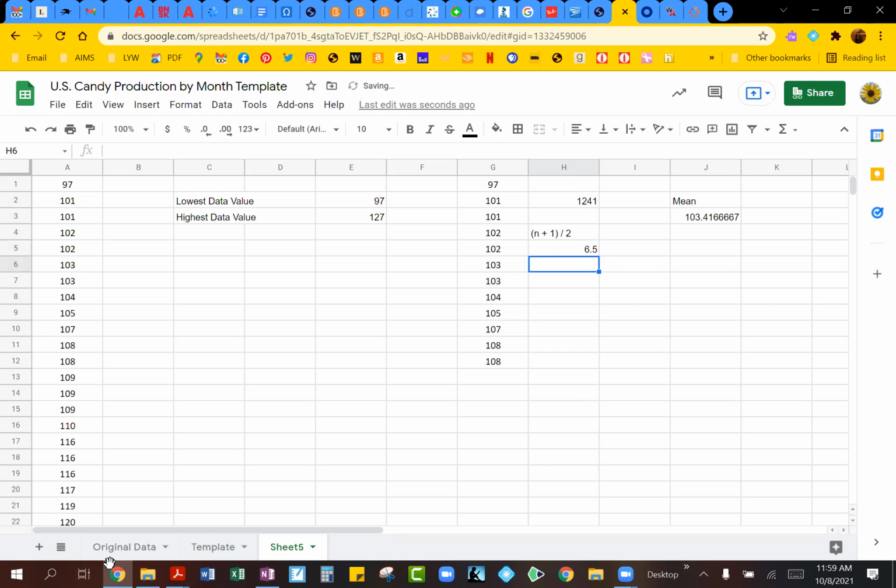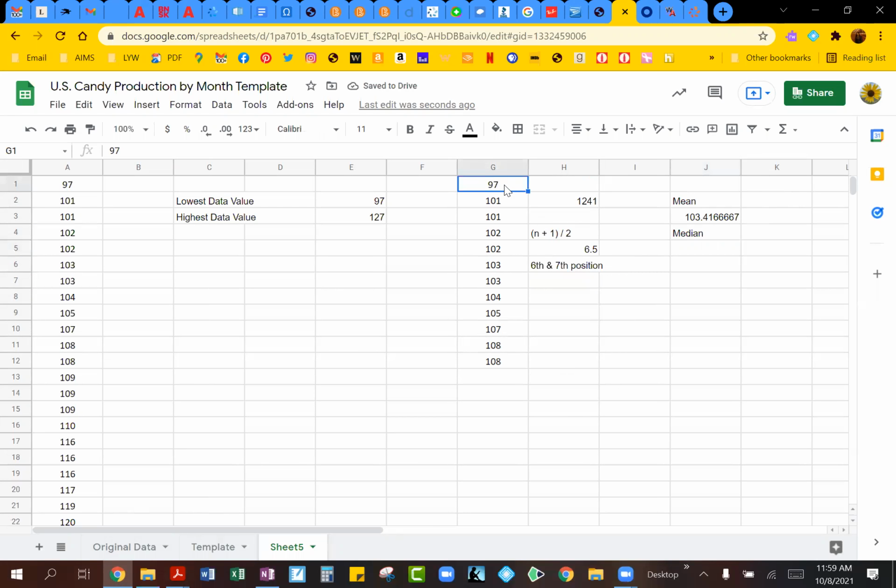Which will give us 6.5. So what the 6.5 is telling us is that we will find our median in the 6th and the 7th position. So when you have an even number of data values, you will actually get two numbers which are going to be in the centermost position, and then you add them and divide by 2 to find what your median is going to be.